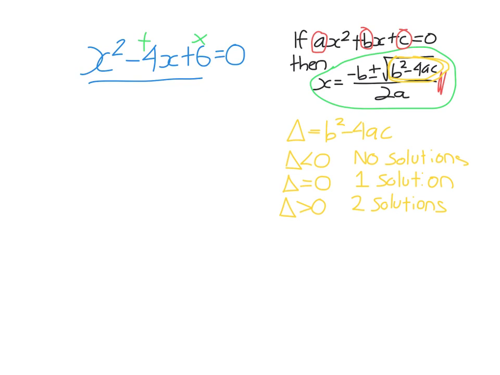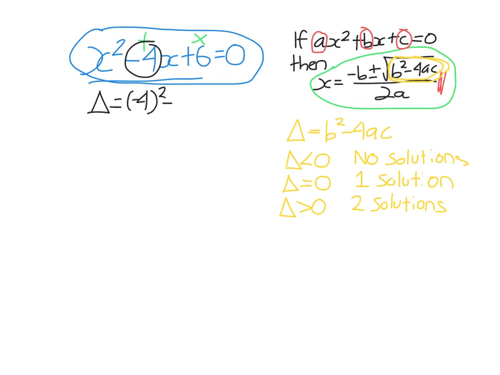So going back to our example up here, we would first try and use the discriminant when we realize we can't factorize it. So the discriminant here is b squared. So b is the number in front of x, b squared minus 4 times a, the number in front of x squared, which is 1. x squared and 1x squared are the same thing. b squared minus 4 times a times c, which is positive 6.